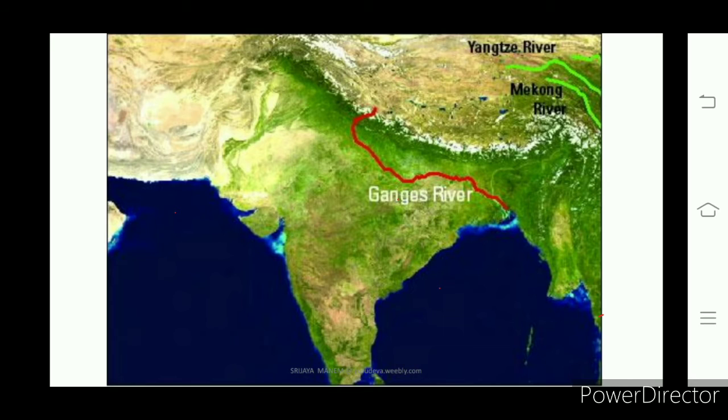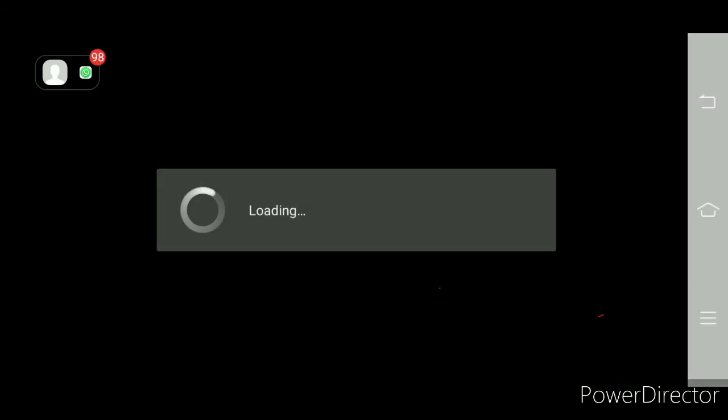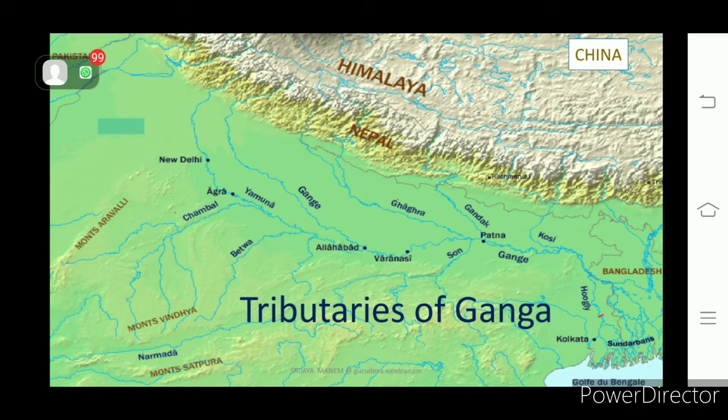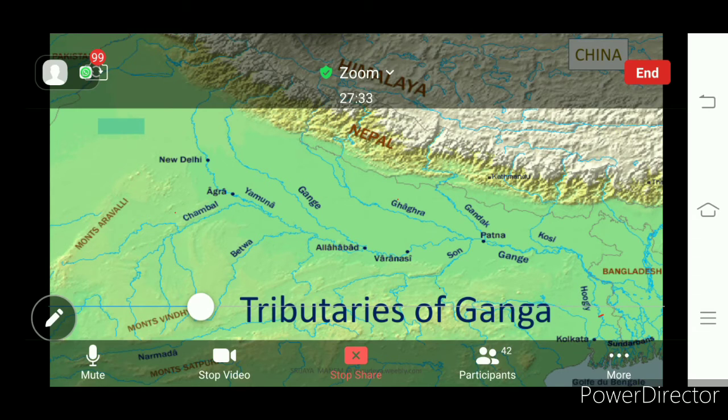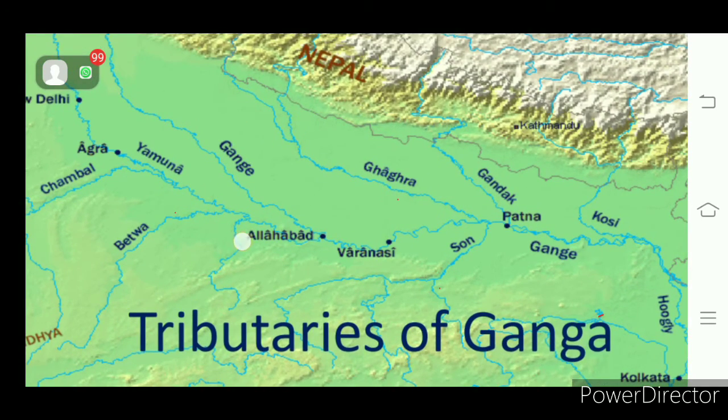Okay. So this is the slide showing the river Ganga, how it is flowing. Understand? Then look at here. These are the tributaries of river Ganga. Let me zoom it. Look at here.